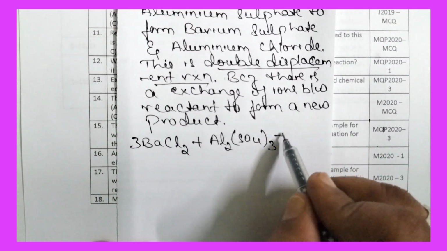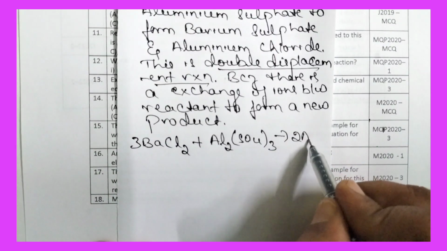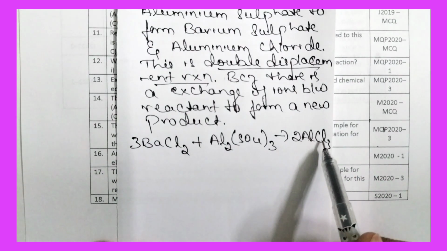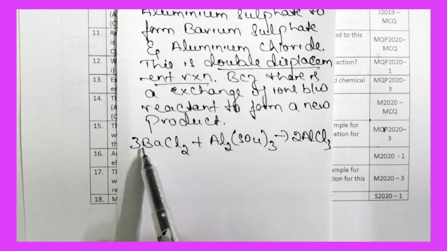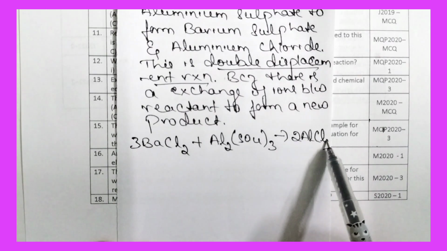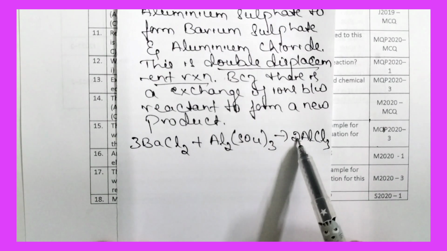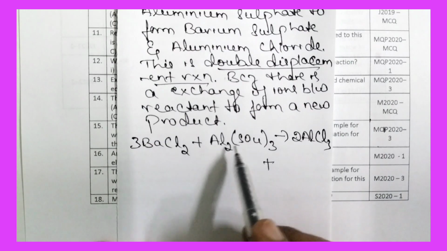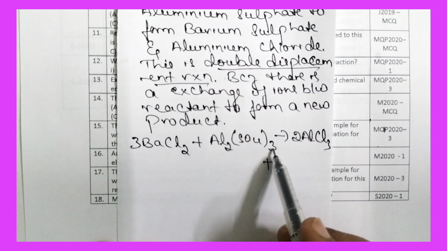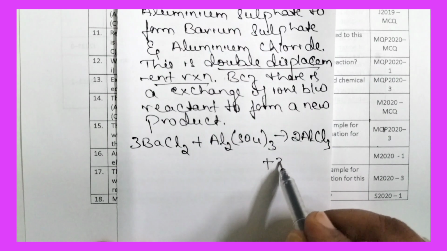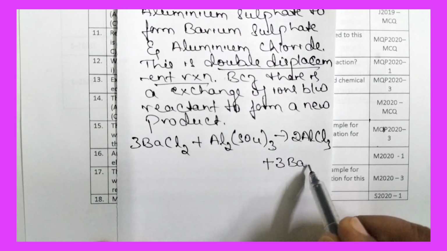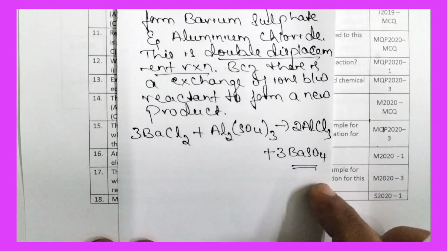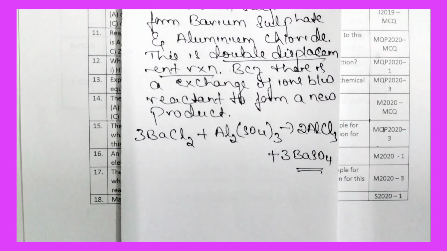So it will give rise to 2AlCl3, aluminium chloride. ನೋಡಿ equation balance ಆಗಿದೆಯಾ, 3 2s are 6, Al2, 2Al, plus what is the remaining now, 3BaSO4. ನೋಡಿ SO4 ಗೂ 3 ಇದೆ, Ba ಗೂ 3 ಇದೆ. ಸೊ ಟೋಟಲಿ ಈಗ ಬರೆಯೋಣ 3BaSO4, this is barium sulfate. It is white ppt. ಈ ಬೇರಿಯಂ ಸಲ್ಫೇಟ್ ಇದೆಯಲ್ಲ ಇದು ppt.